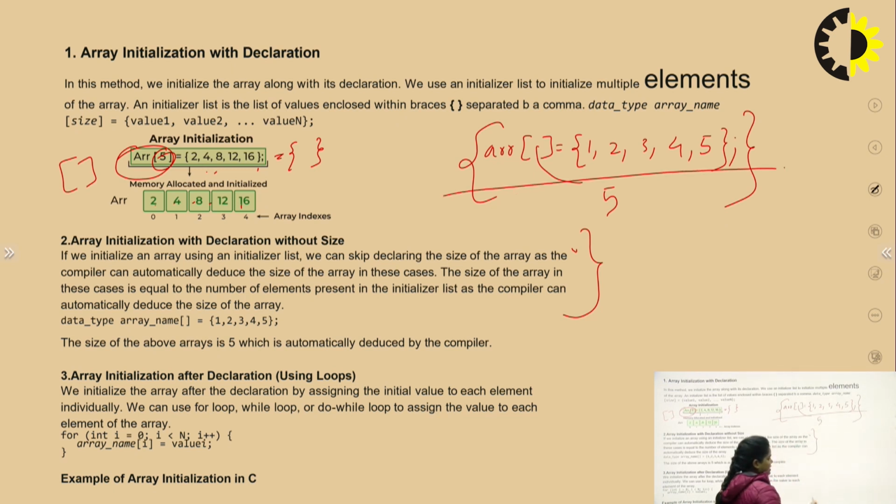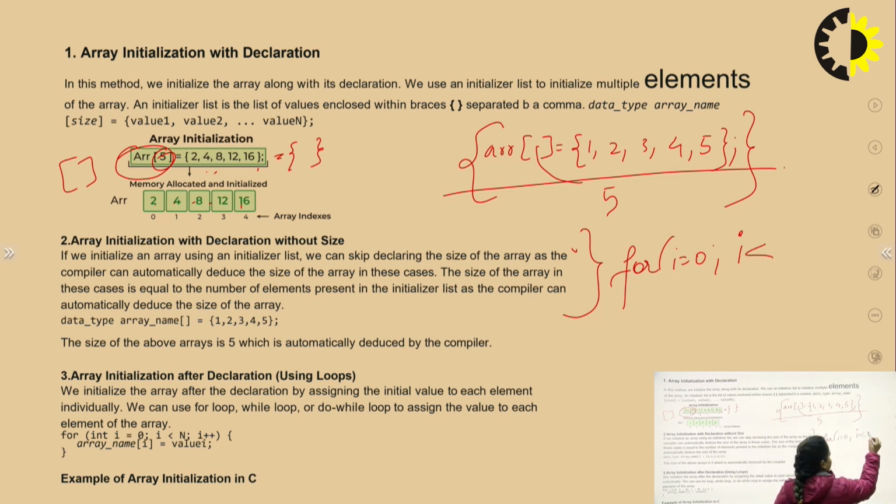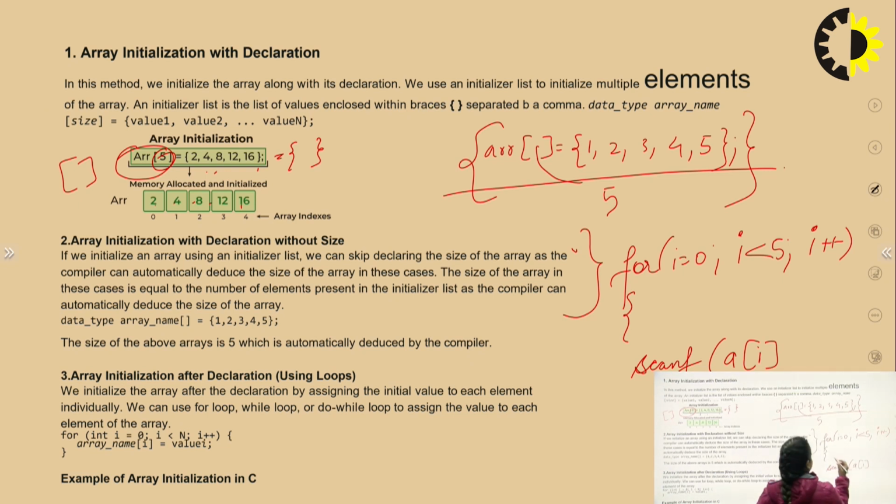In this case, you write a for loop with i equals 0, because there are 5 elements, then i less than 5, i plus plus. Then scanf a of i, whatever name you want to give the array, a of i.